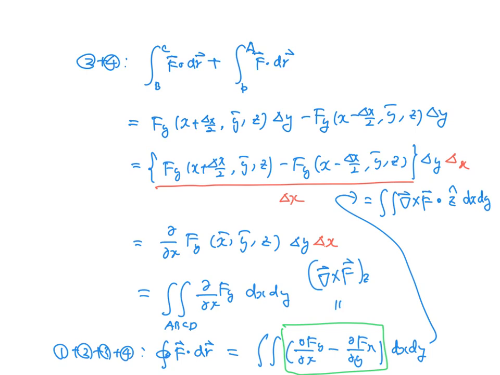So we have x, y, z. So we have this area, and z is the normal to this. So z is normal to the xy plane.